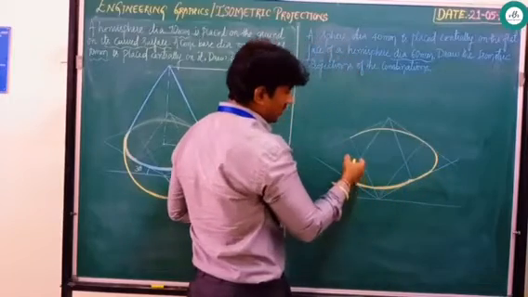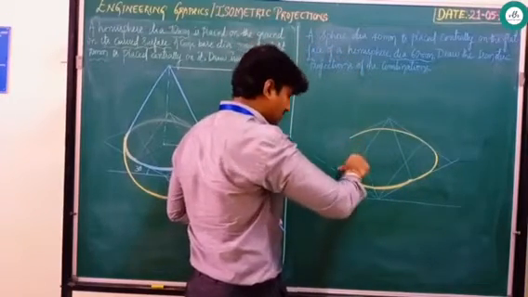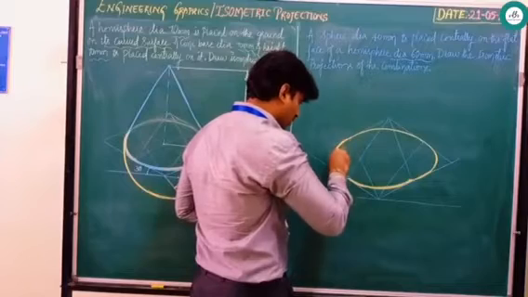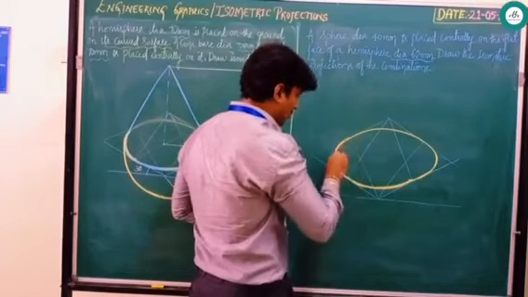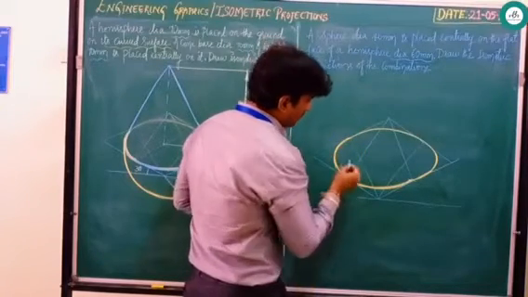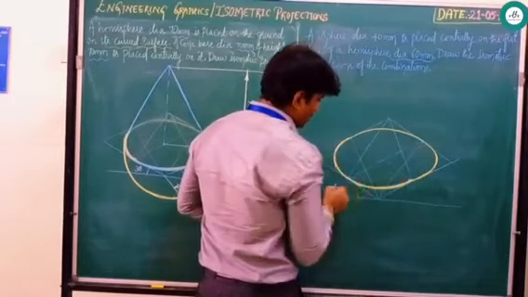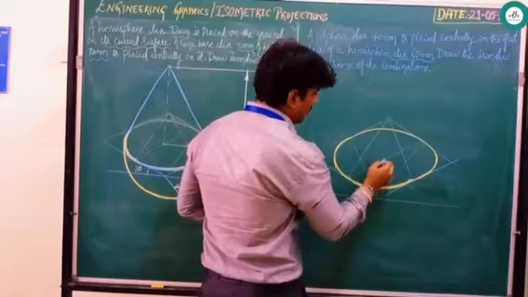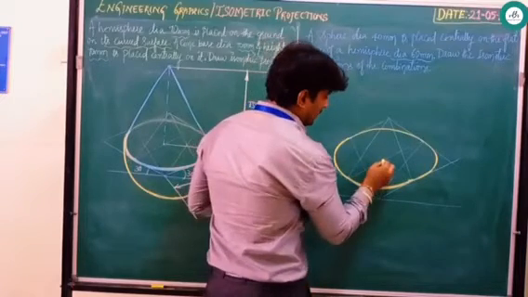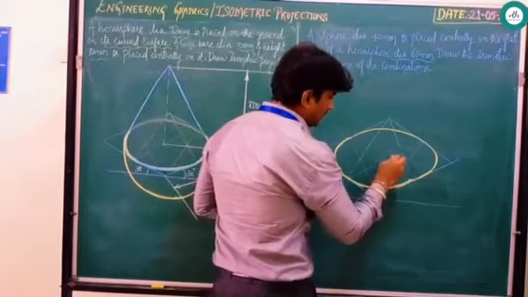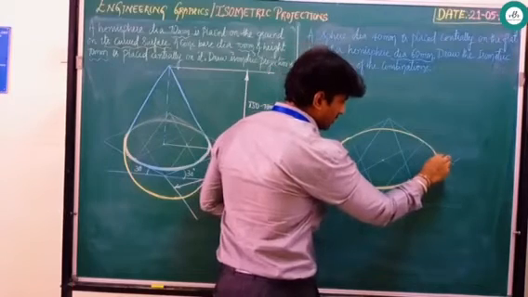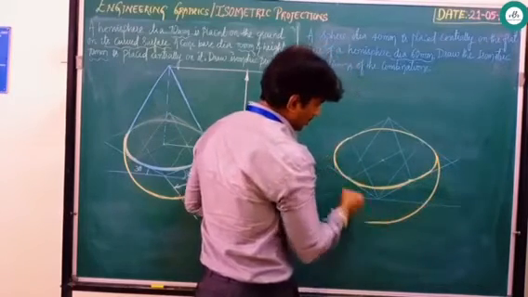After drawing this, again with this as a center and this as a radius, draw one more curve. After drawing this, how to identify the center? Join these opposite points, and you will get the center. With this center as a center and this point as a radius, draw this curve.